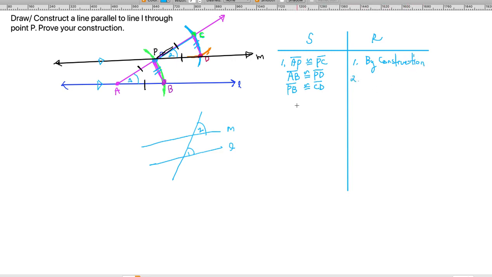Two. Now that means that I have 3 sides in this triangle congruent to 3 sides in this triangle, which means that the triangles are congruent. So that's my next statement: triangle APB is congruent to triangle PCD, and that's by side, side, side.